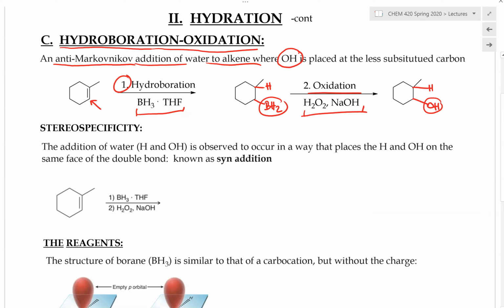Now, the hydroboration method is stereospecific, but not completely, in that we have observed that the hydrogen and the OH group are adding to the same side of the double bond. We refer to this as the syn addition. Syn here means the same. So the two groups are being added to the same side of the double bond.